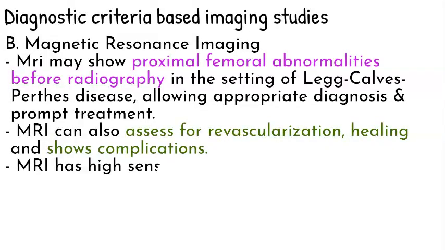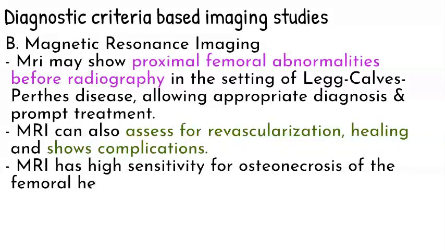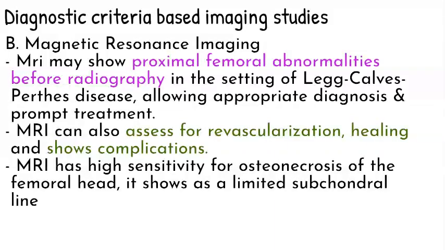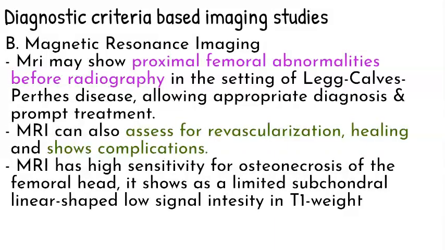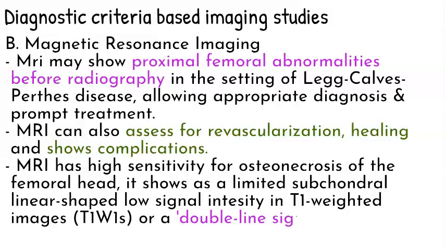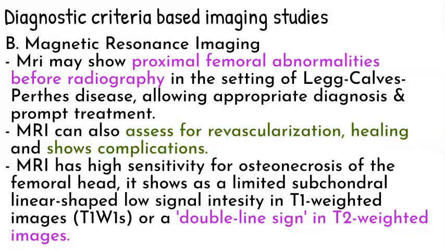MRI has high sensitivity for osteonecrosis of the femoral head. It shows as a limited subchondral linear-shaped low signal intensity in T1 weighted images, T1WI, or a double line sign in T2 weighted images.